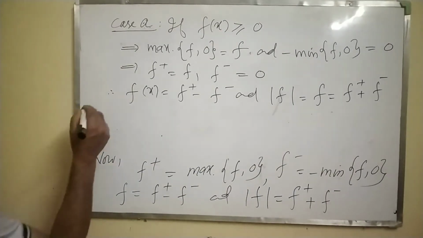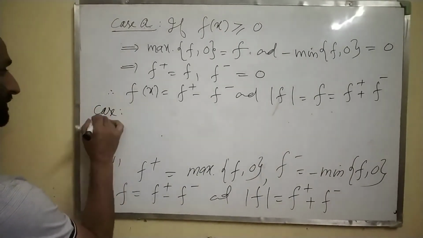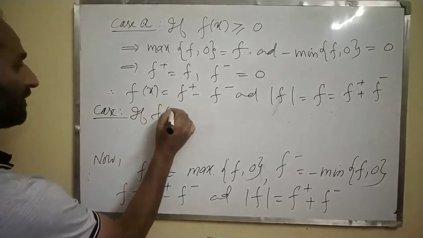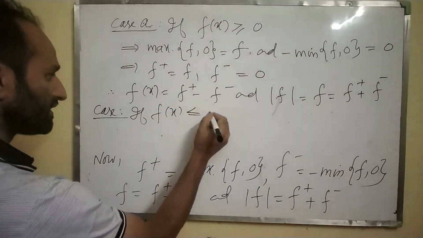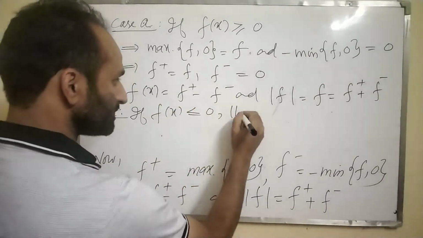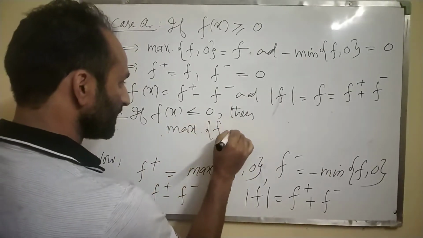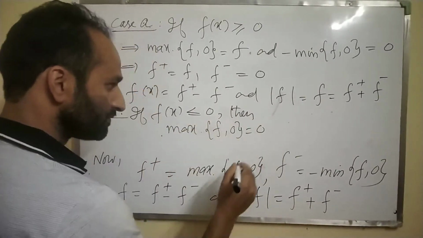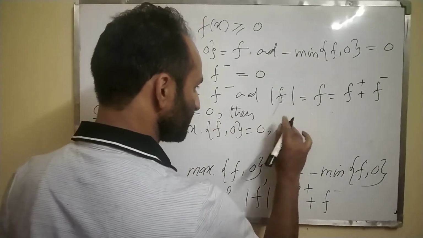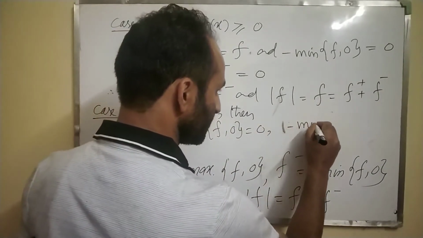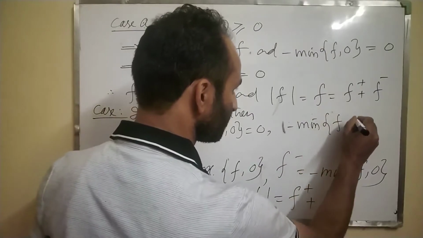Now second case, if f of x is less or equal to 0, then maximum of f comma 0 is equal to 0, and minimum minus times minimum of f comma 0.